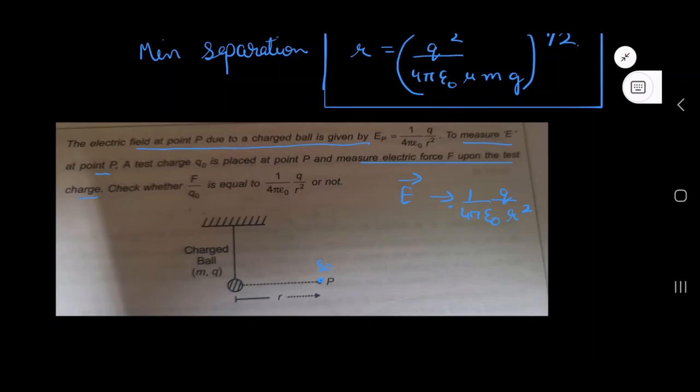But let's see the conditions and recall the concept of electric field: what is the source, how the electric fields are produced. We know that the source of electric field is charges at rest. So the electric field will only be produced when the charges are at rest. If we put a point test charge at point P, this will experience a repulsive force.